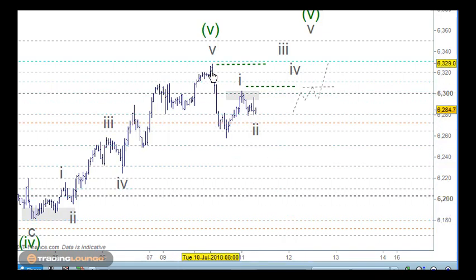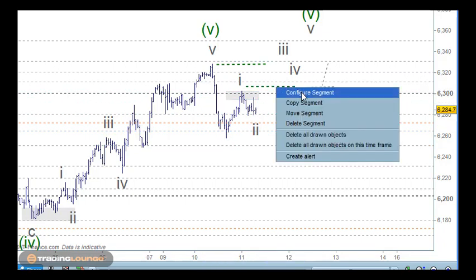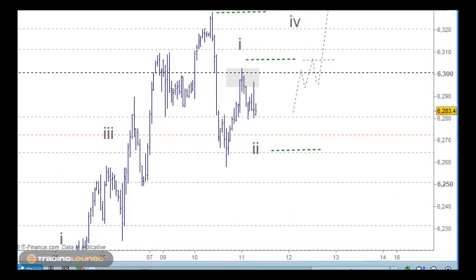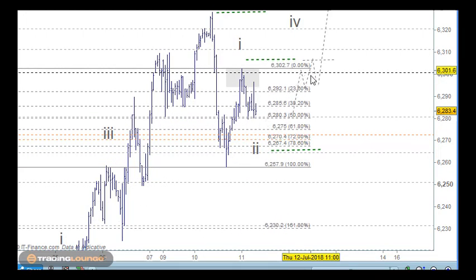At the same time, if this is 5 waves down through to here, then we could also look to go short. We just have to keep our options open, so we can go short below here. However, we can go short if that 272 in here becomes the retested resistance. We want to be short at that stage, because once again, if we look at this as a 61.8% retracement level, then we can look at the support being on that 50 and 60 here.